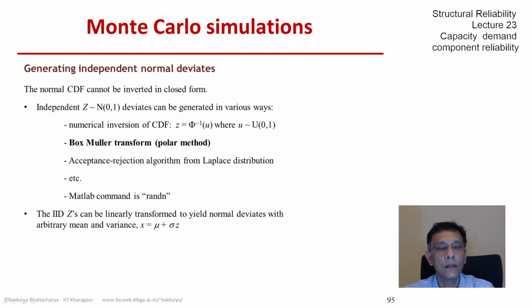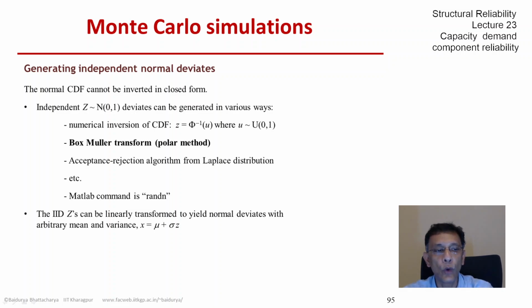Now, this randn gives us, or all the other methods that you see, they give us the IID standard normals. So if we call them z, then we need to transform these z's to any arbitrary normal, and there we would use the property that the normal distribution is closed under a linear transformation.